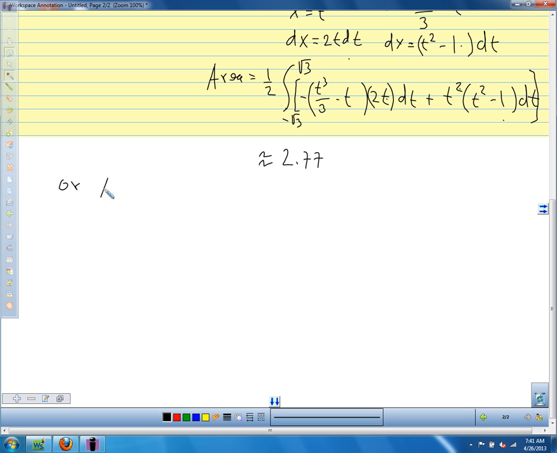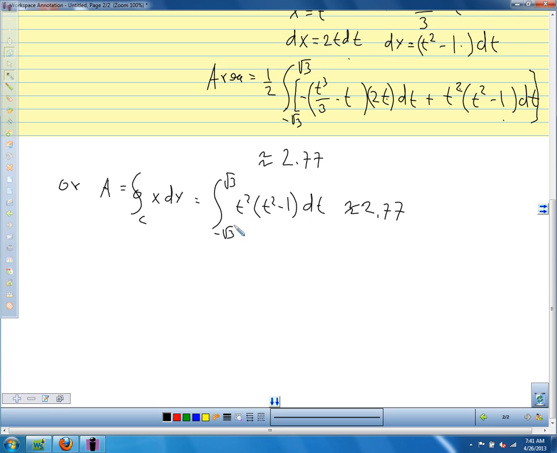We could say that the area is the integral around C of x dy, which is just the integral from minus square root of 3 to square root of 3 of t squared times t squared minus 1 dt. And that also comes out to about 2.77.